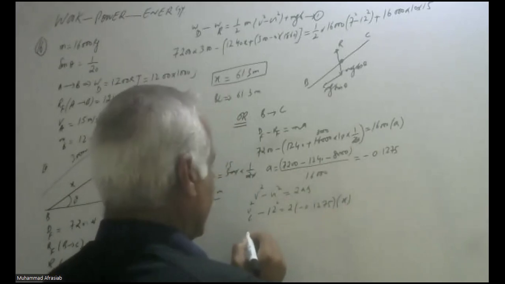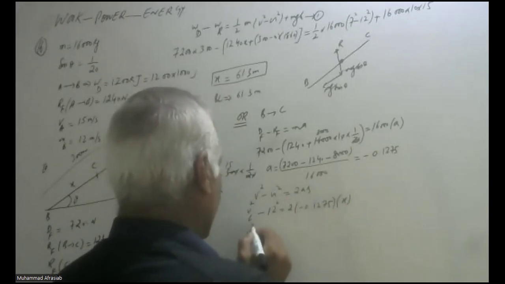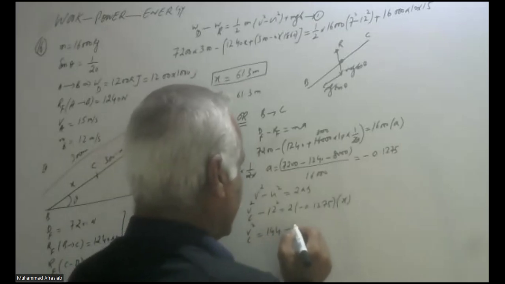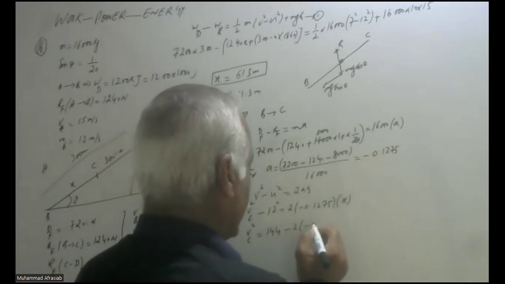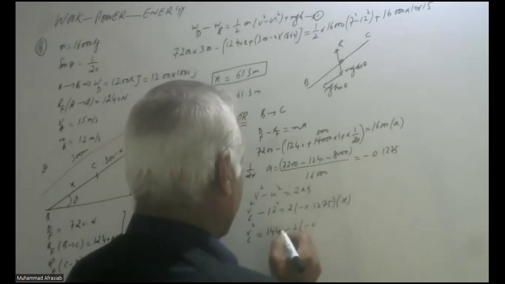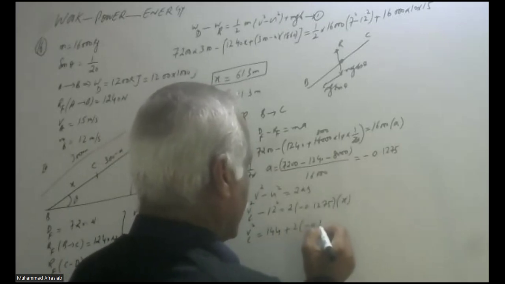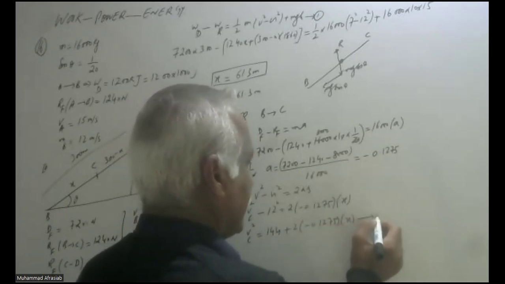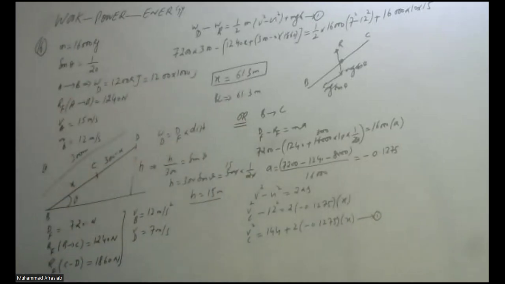So we can calculate that VC square is equal to 144 minus 2 into 0.1275 into this x. Let's say it is equation number 1 of this part, that velocity at C is to be this value there.